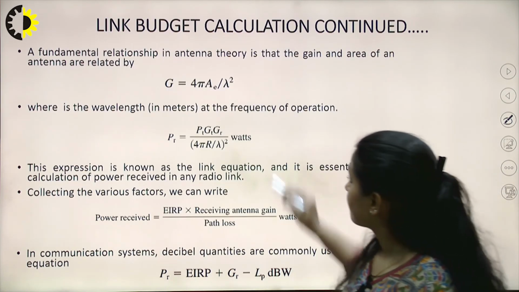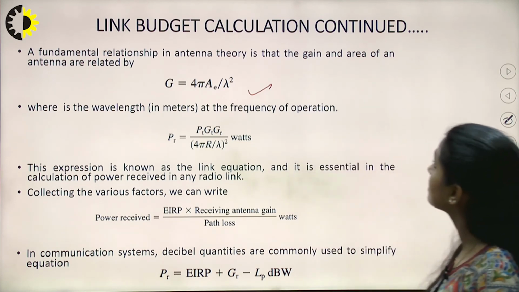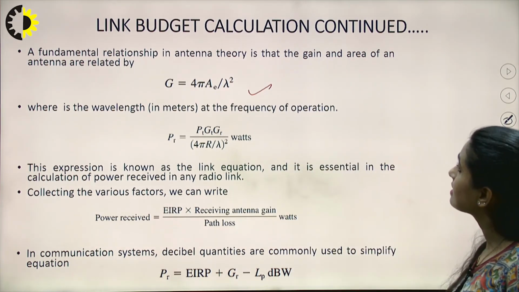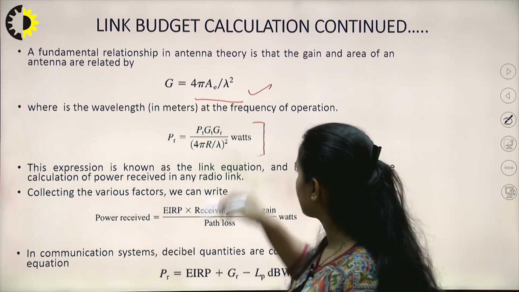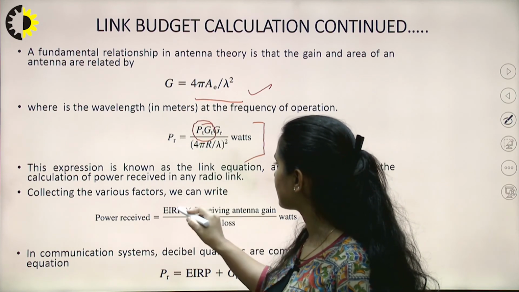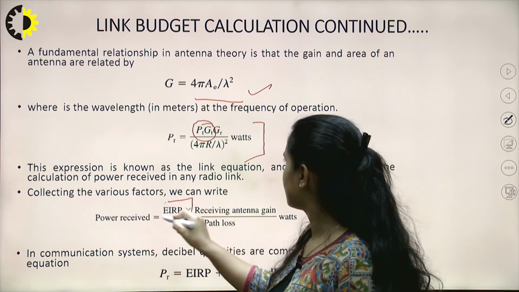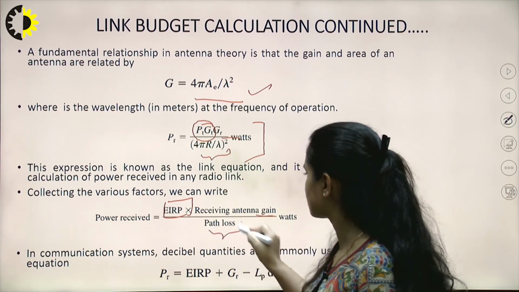So these things have been discussed already. A fundamental relationship in antenna theory, that is the gain and area of an antenna, is given by this formula. So PR we have already discussed. So power received PT into GT, this can be written as EIRP, right? And GR is the receiving antenna gain, and this is my path loss.